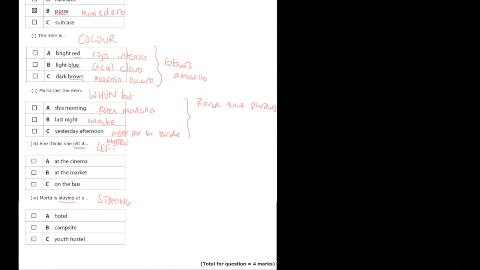Another thing you must remember about time phrases is that there are some all-time favorites. Things like hoy, today, ayer, yesterday, and mañana are quite popular. Remember that mañana is the word for tomorrow, but if it appears as in la mañana, that's the morning.